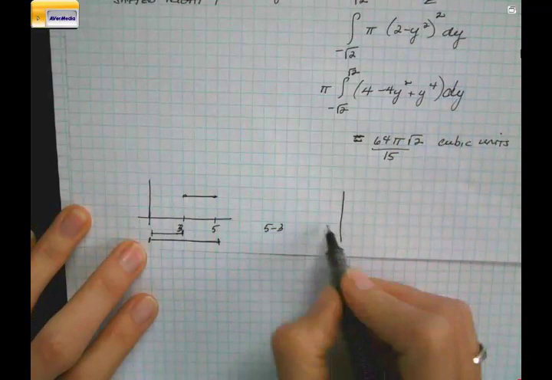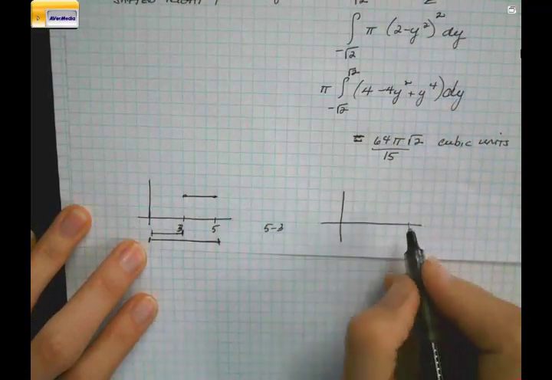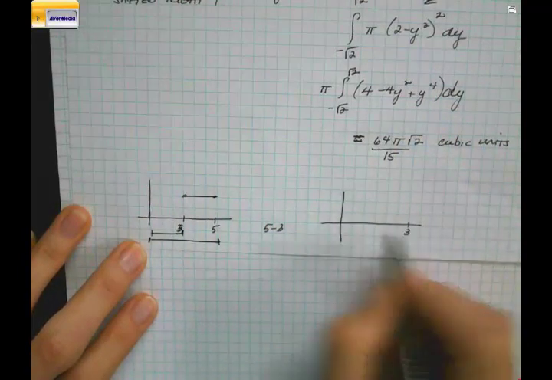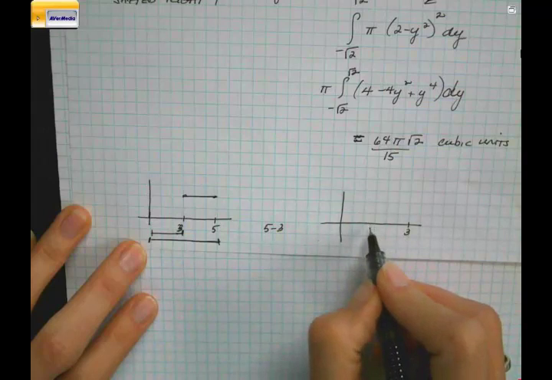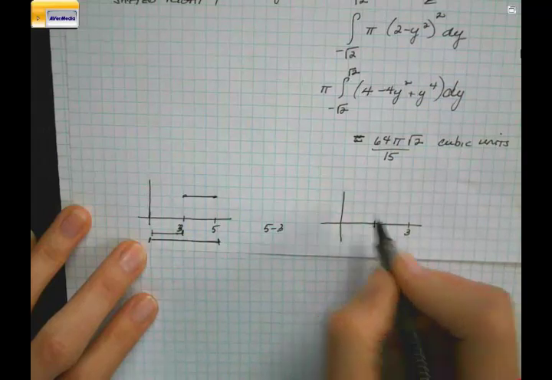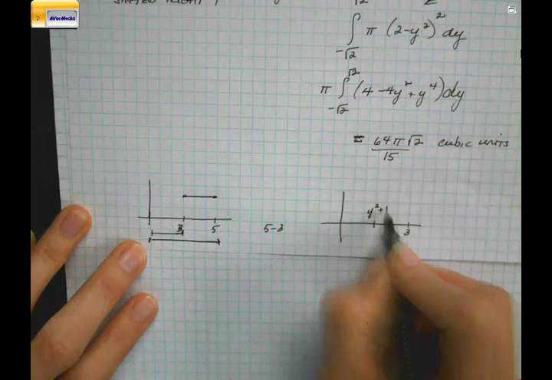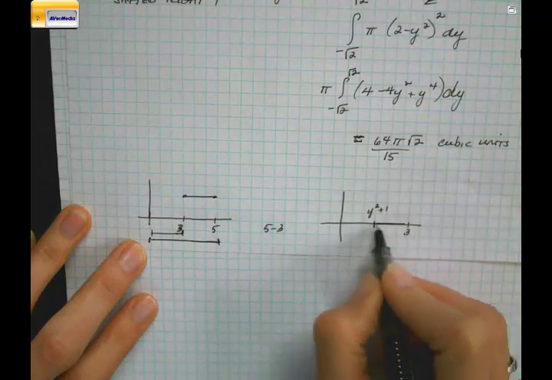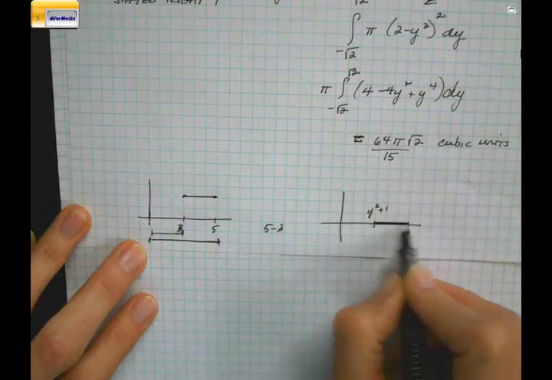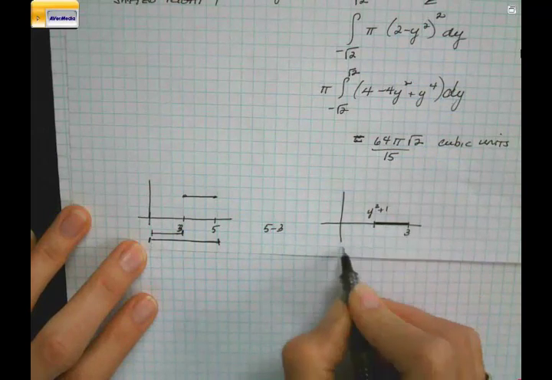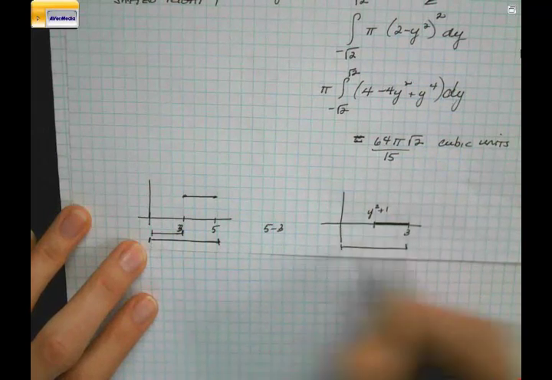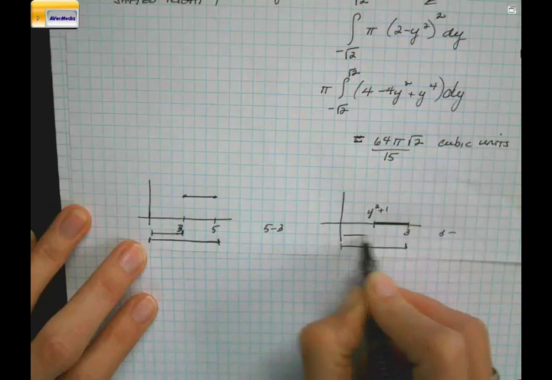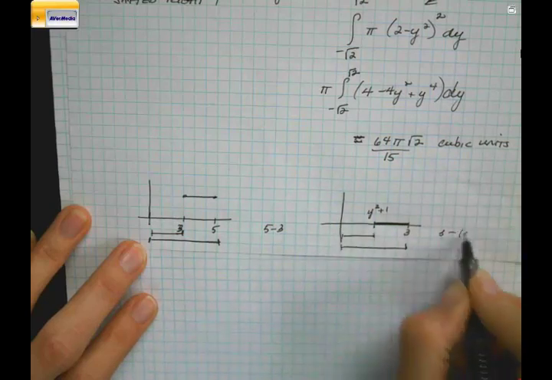So like in that last example, we had a value out here of 3 and a value in here, which was not a number, it was y squared plus 1. And we wanted to know this distance between the y squared plus 1 and the 3. So it's determined by the whole, which is the 3, minus the part, which was the y squared plus 1. Okay?